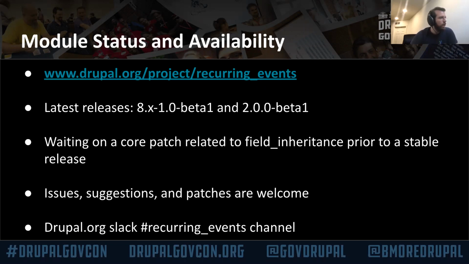So given that field inheritance is a required dependency of the module, it doesn't feel right to me to launch a stable release when I know there's this glaring core issue that if you don't have this particular patch, views don't quite work with field inherited data. The patch does work. I've tested it. It's just not quite merged yet, and I'm hoping it will get into Drupal 9.1, at which point I can then release a stable release.